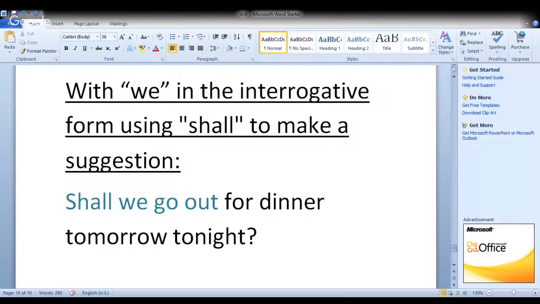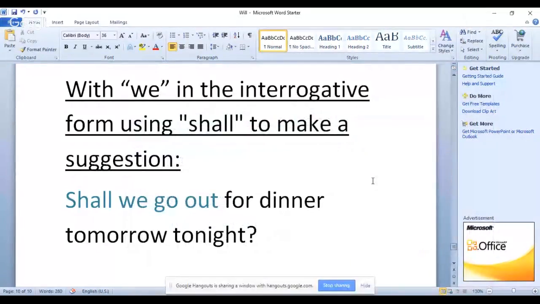Any questions at all? No. Okay. Shall we go out for dinner tomorrow? But maybe usually people say, why don't we or can we? I don't know.